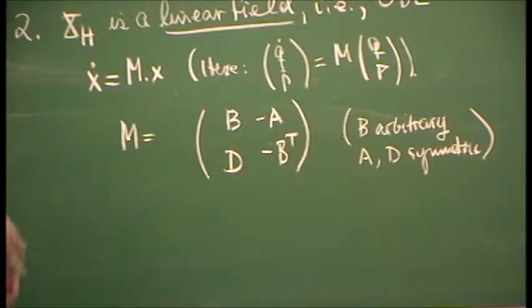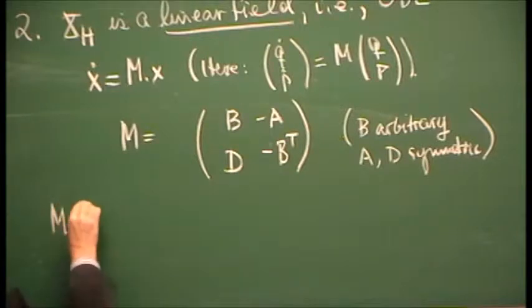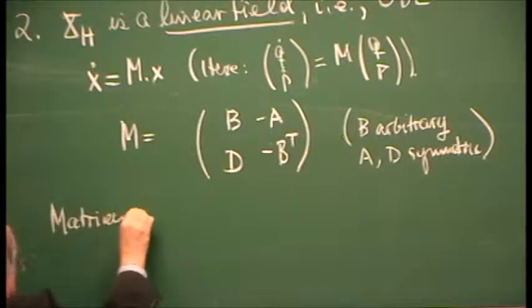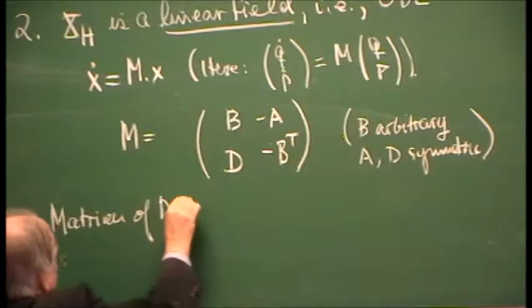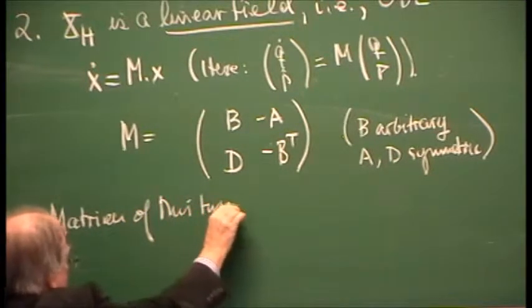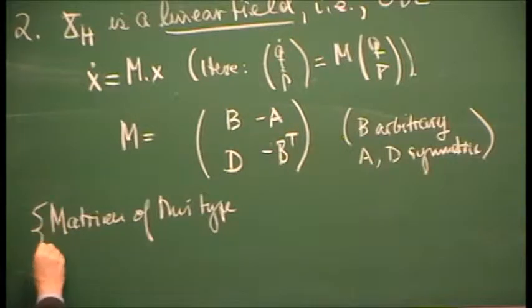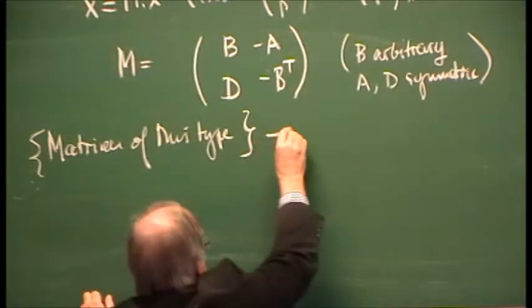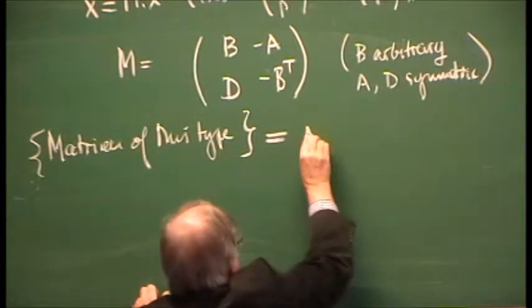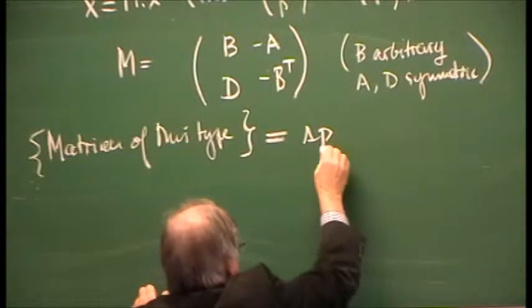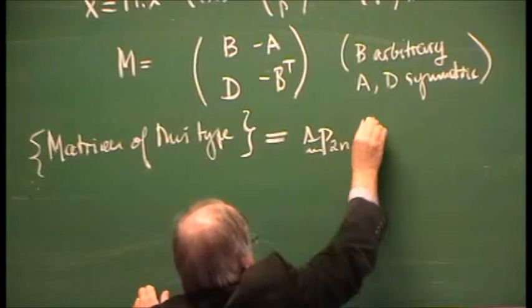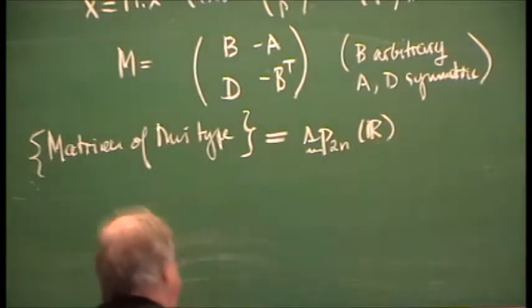And the set of all matrices of this type is obviously a vector space, a real vector space. And this real vector space has a name. It's called, in German letters, sp(2n).